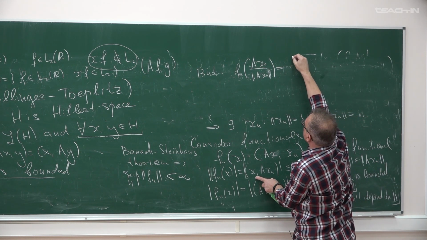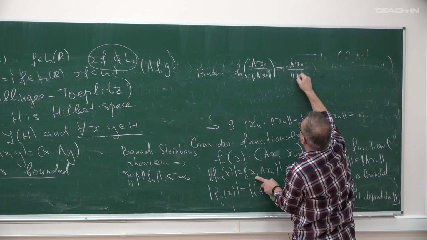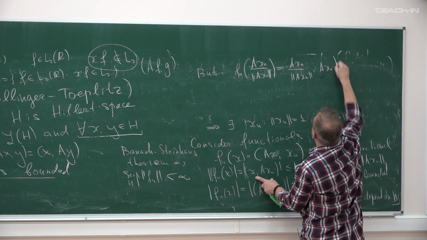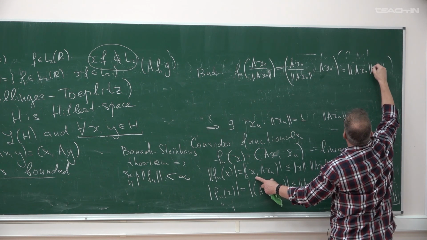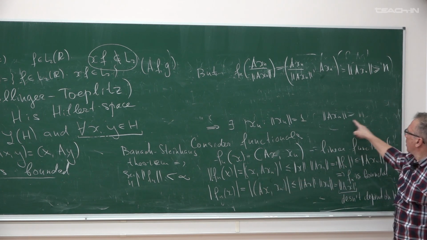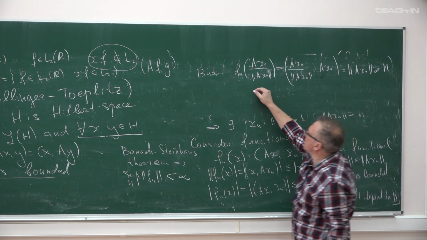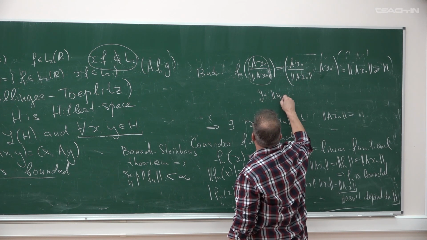It equals A x_n divided by the norm of A x_n, multiplied by A x_n in a scalar product. It equals the norm of A x_n, which is greater than n. On the unit sphere, all these elements have unit norm.